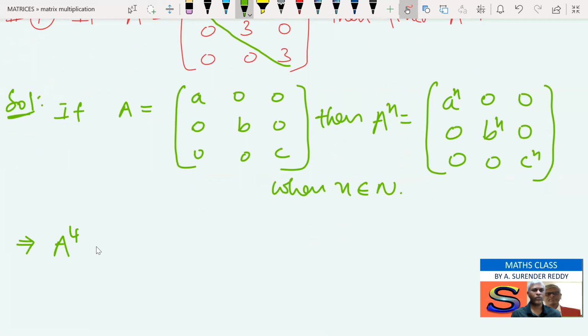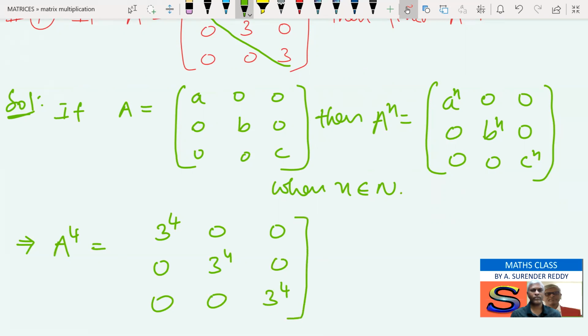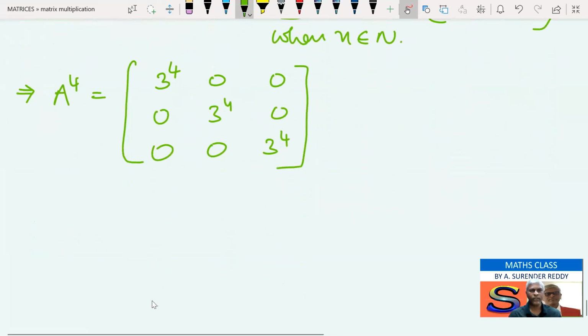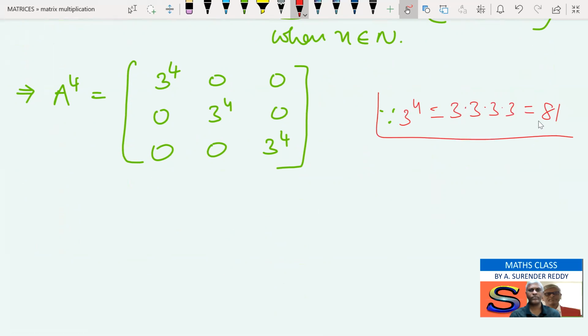So here, by using this property, A power 4 is equal to 3 power 4, 3 power 4, 3 power 4. Since 3 power 4 is 3 into 3 into 3 into 3, that is 81.